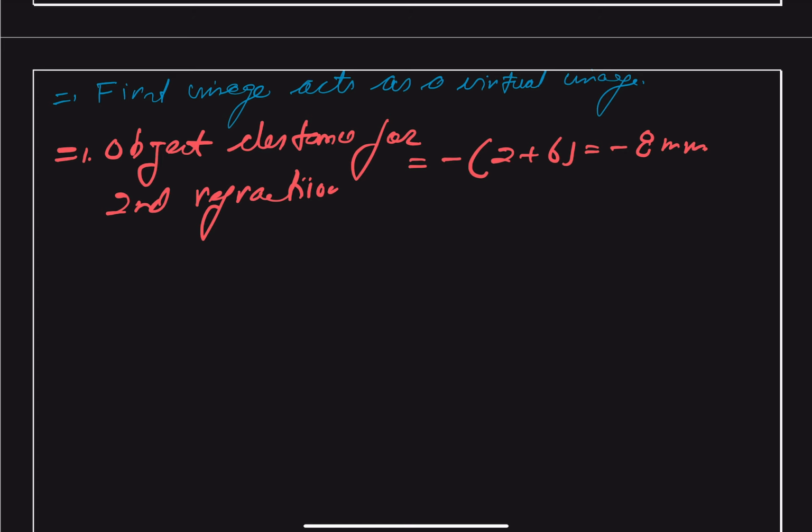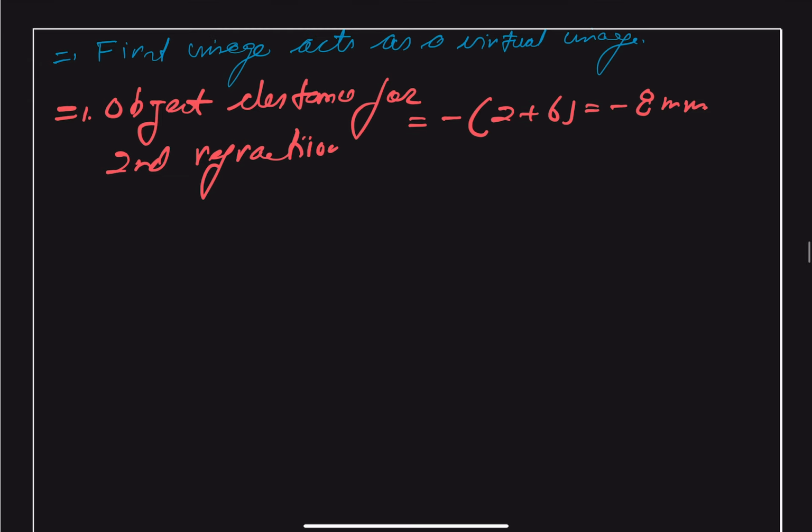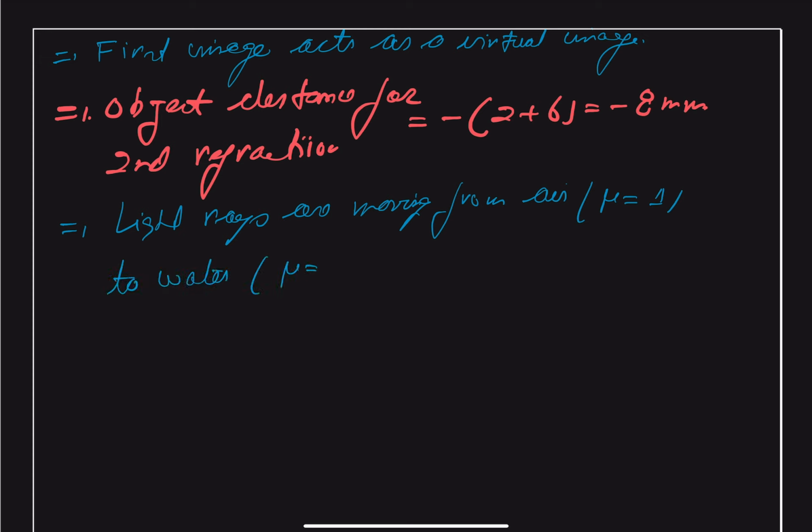And once again, now the light rays are moving from air with μ as 1, and it is a rarer medium, to water with μ as 4 by 3, and that is our denser medium.